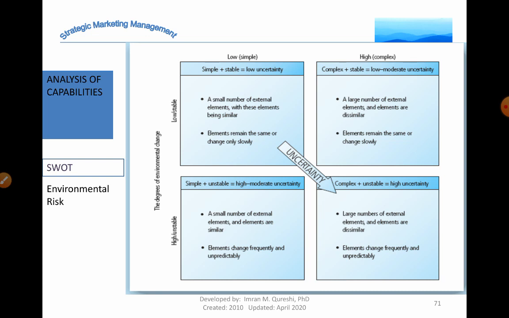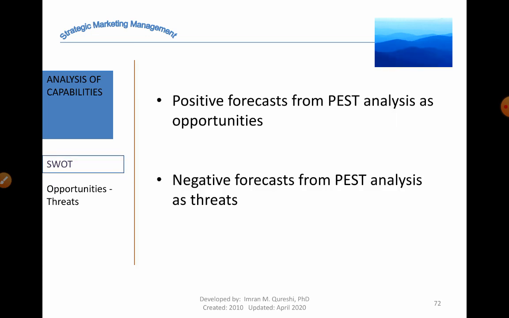That is why we did the whole PEST analysis. The whole point of doing a PEST analysis was to find out the forecasts. The forecasts, which are things or scenarios predicted to happen in the future, will be taken as our opportunities and threats. If you look at our next slide, this is what we talk about here.